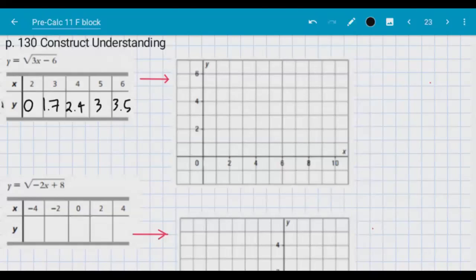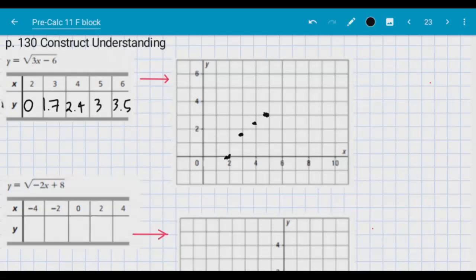If x is 2, y is 0. This is your first point right here, right? If x is 3, y is 1.7, so maybe somewhere here. If x is 4, y is about 2.4, so somewhere probably here. If x is 5, y is 3, right here.